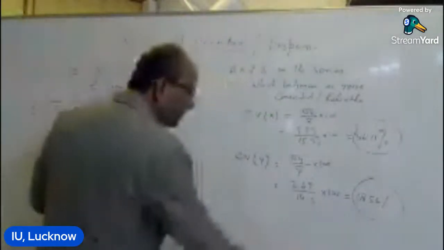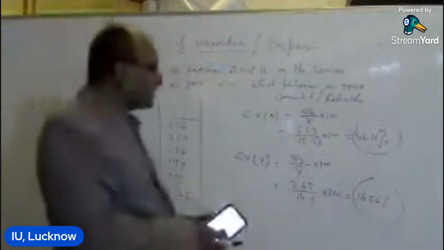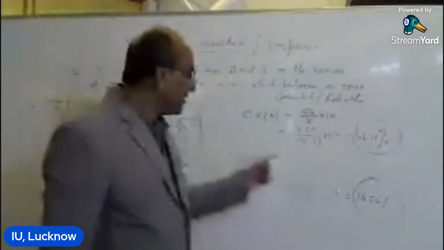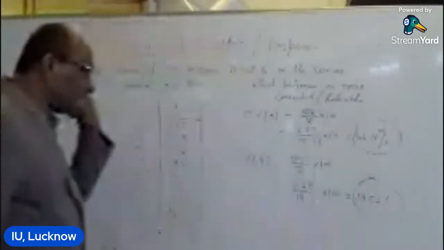So we have the coefficient of variation for X 36% and for Y 18.56%. So which will be less?